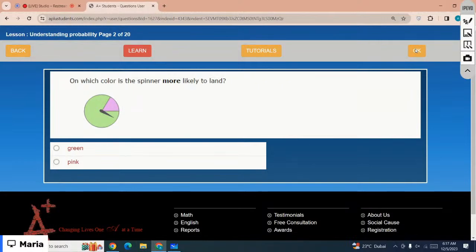Yes, more likely to land on green, right? Because the more portion is green. The correct option is green.